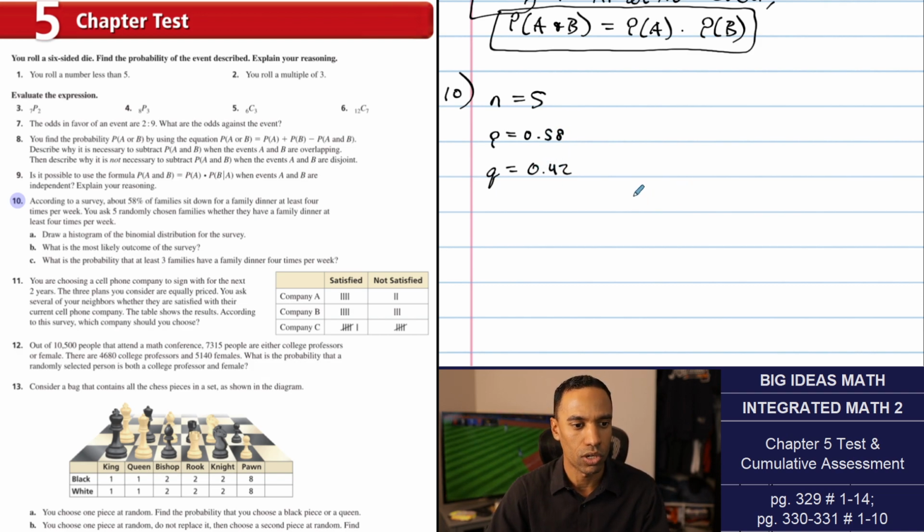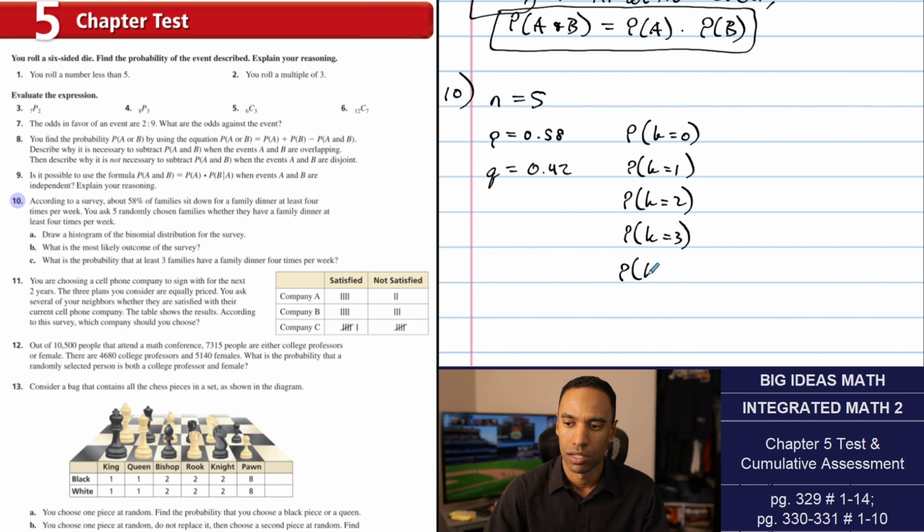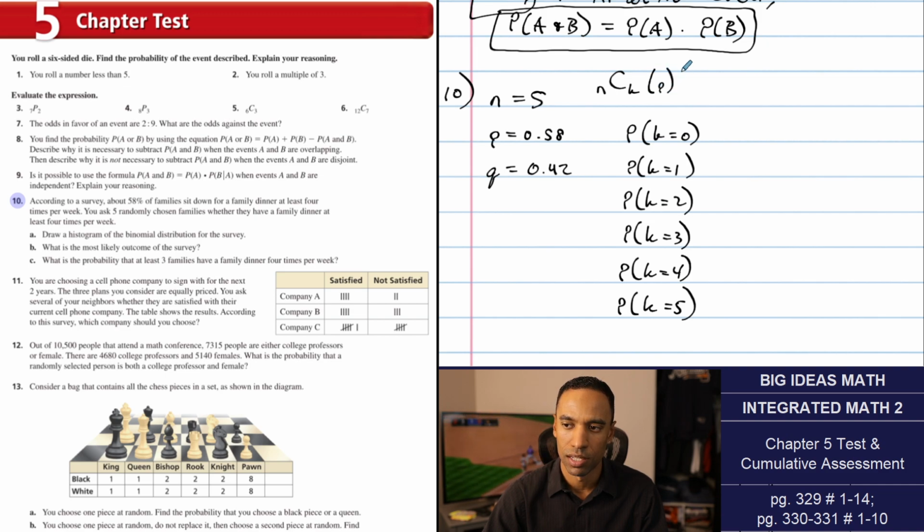So in terms of drawing the histogram, we have a formula that we use here. Probability K equals, we're going to do K = 0, 1, 2, 3, 4, 5. The formula is N choose K times P to the K power times Q, the 1 minus P, to the N minus K power.